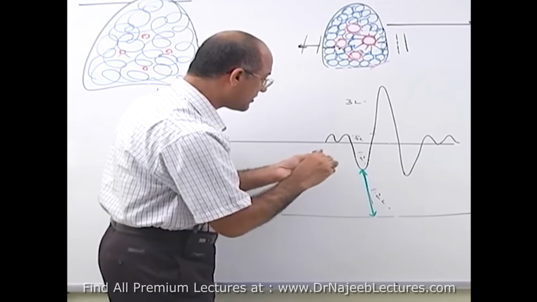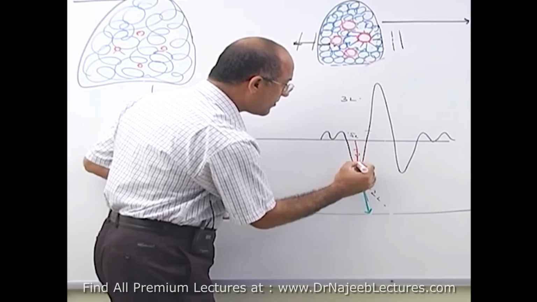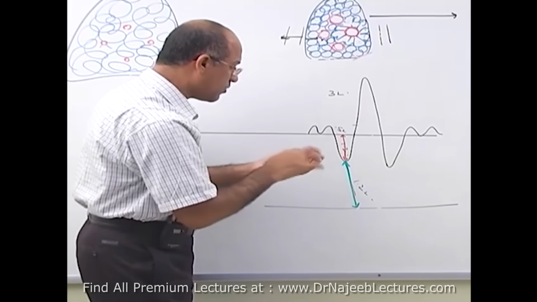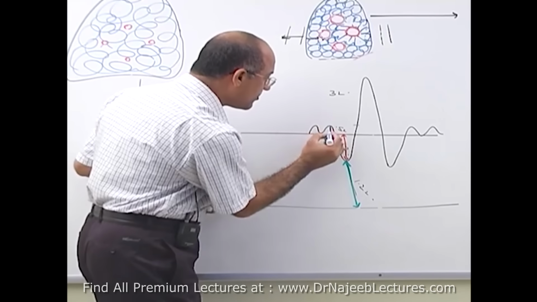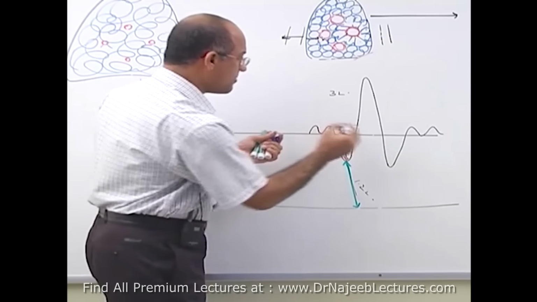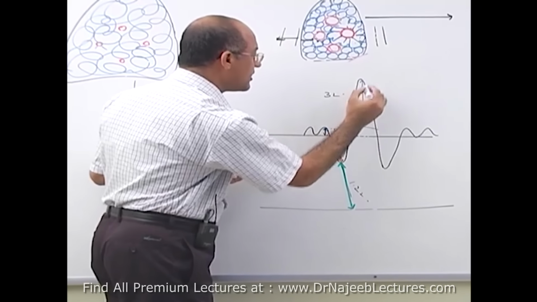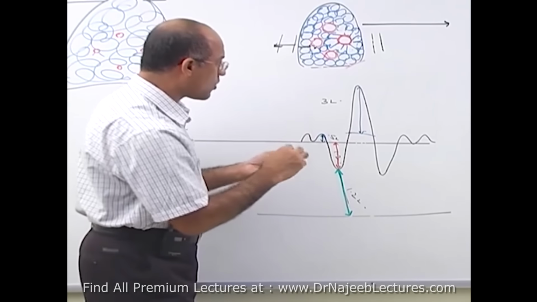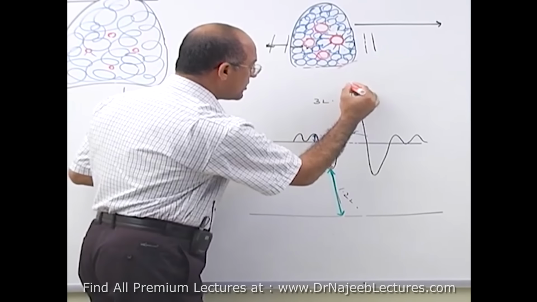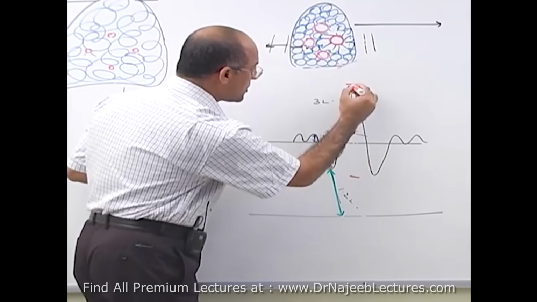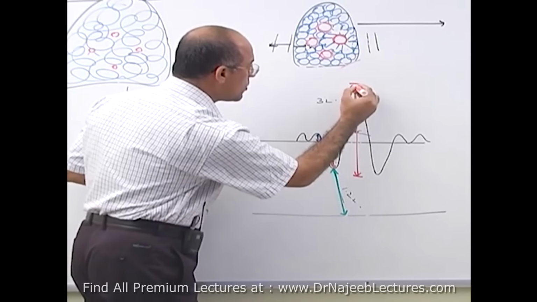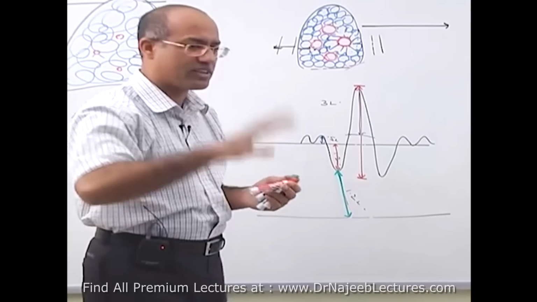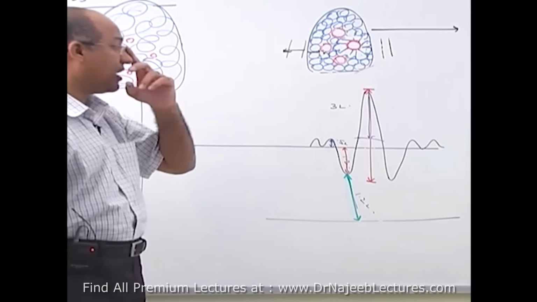And what is this here? Expiratory reserve volume. And here? Tidal volume. And here? Inspiratory reserve volume. And from here up to here? Yes, vital capacity. Very good. Now this is normal, right?